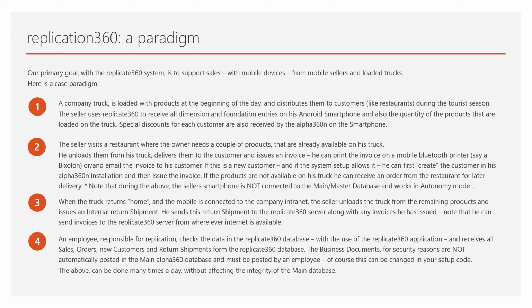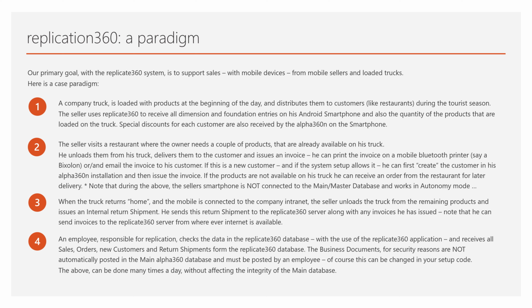To understand better what we call Replication 360, we will give a small paradigm. Just note that our primary goal with the Replicate 360 system is to support sales with mobile devices from mobile sellers and trucks loaded with products.